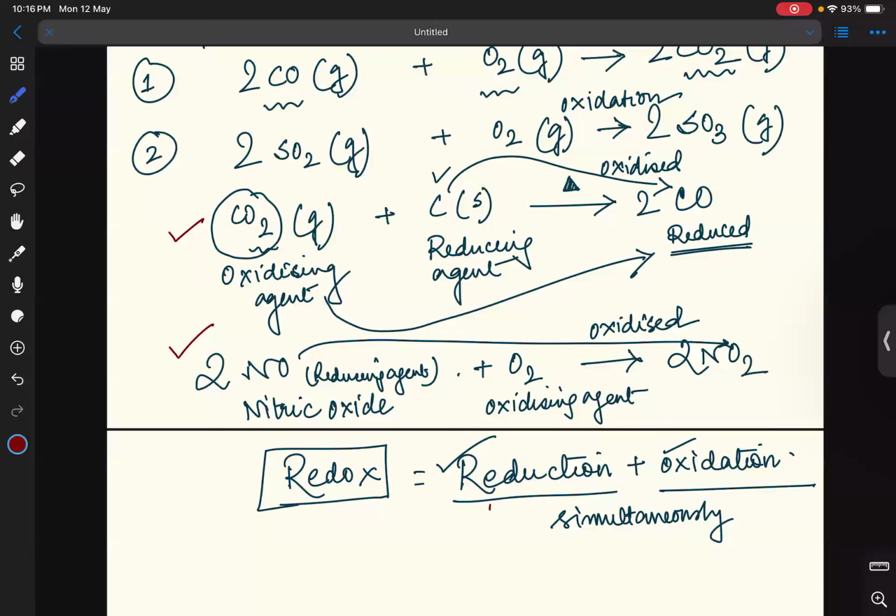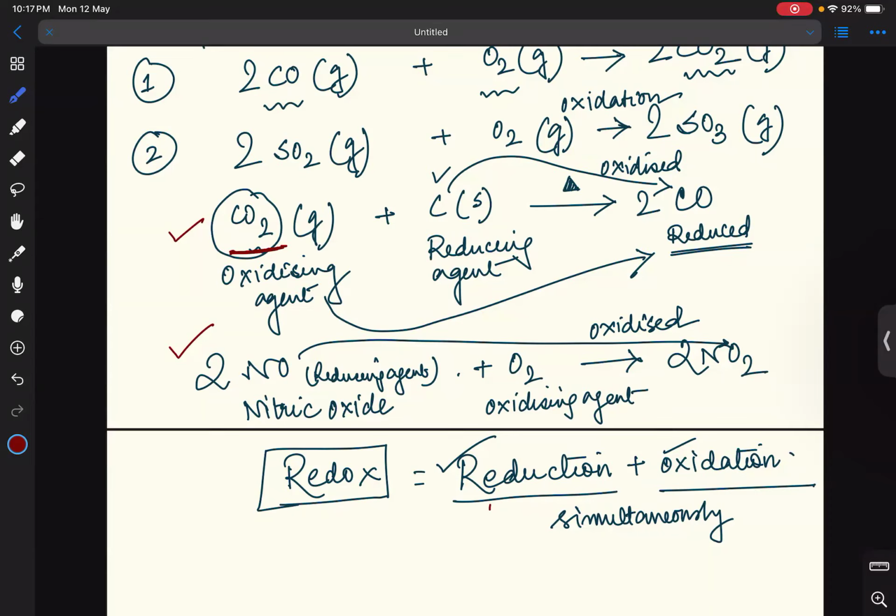Can you tell me over here which is getting reduced? Obviously, carbon dioxide to carbon monoxide. Whenever you are seeing that carbon dioxide is going from dioxide to monoxide, don't you think that it will be the reactant to get reduced?